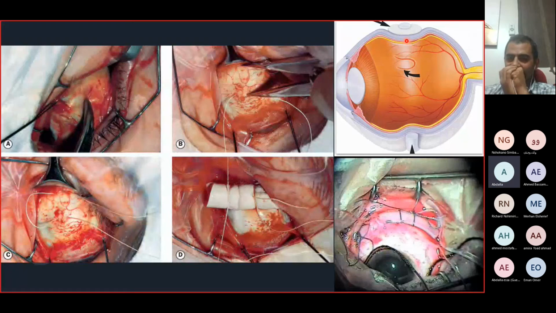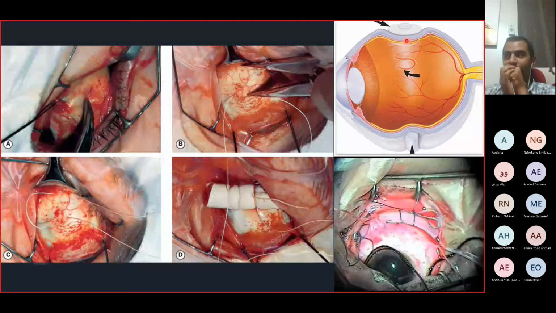PVD characteristically can cause flashes. PVD is posterior vitreous detachment, and it can cause flashes and floaters. Those are the classic presentations of the PVD. Any patient with a recent complaint of flashes and floaters should have a full dilated fundus examination to check if he or she has retinal breaks or not.